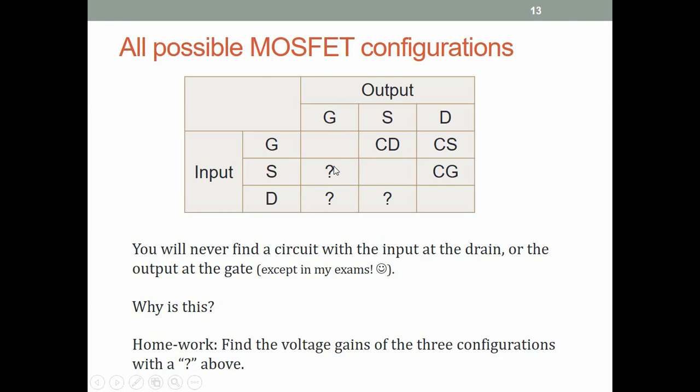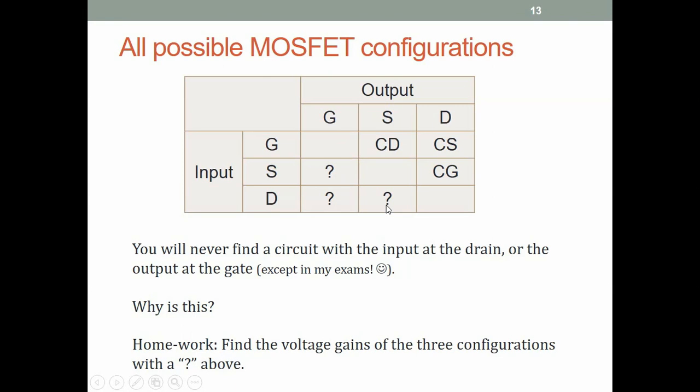But you will never find a circuit even mentioned in the whole wide world in any textbook or any paper where the input is applied at the source and the output is taken at the gate, or the input is applied at the drain and the output is taken at the gate or the source. Alright, I don't know if you have ever wondered why this is.